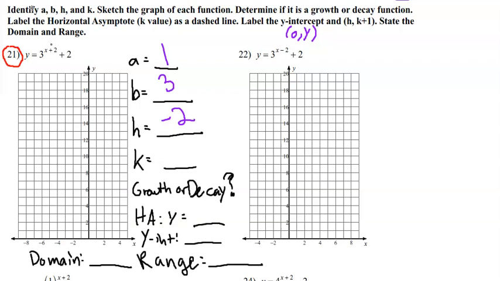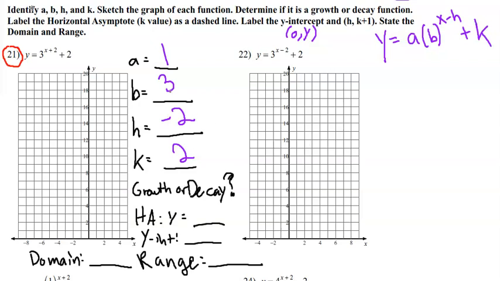It's always the opposite of what's up here. And then the k value is a positive 2 from right here. Let's go ahead and write out that formula: y equals a times b to the x minus h power plus k.